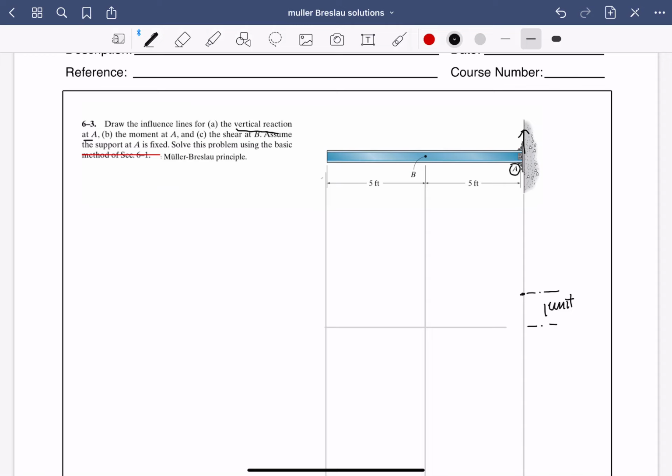Since there's nothing else anywhere else holding it in terms of boundary condition, what you'll see is that this entire thing lifts up. So that entire thing is 1 unit load up. And that's vertical reaction at A. Let's draw it right there.